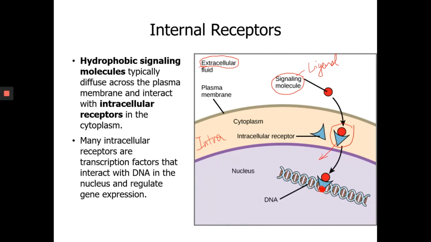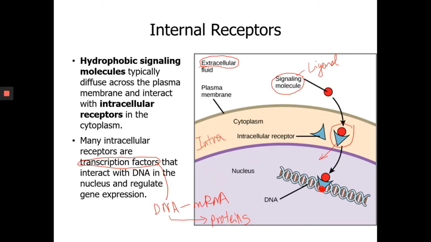A lot of these intracellular receptors are transcription factors, meaning they can affect transcription from DNA to mRNA. That modifies the gene expression process, where DNA directs the synthesis of proteins.